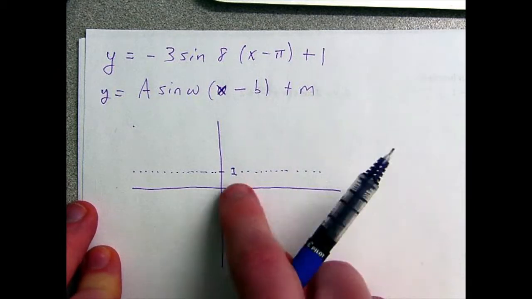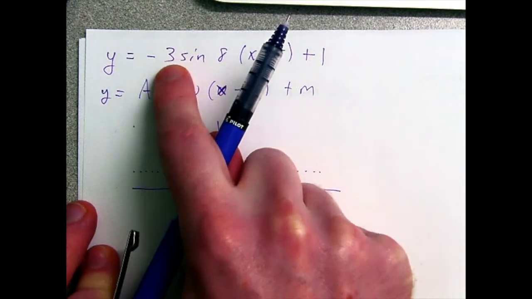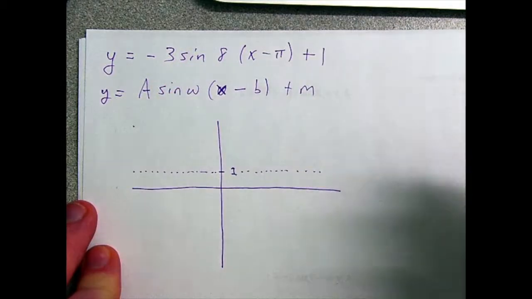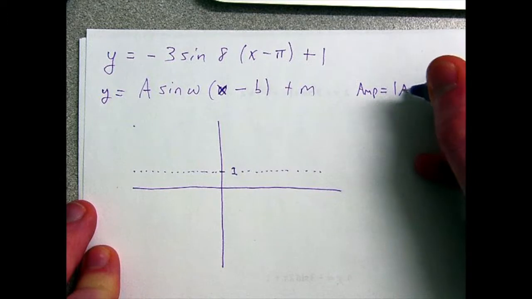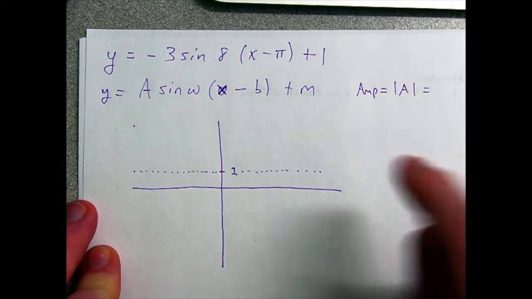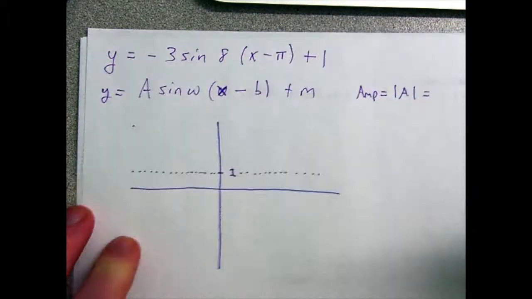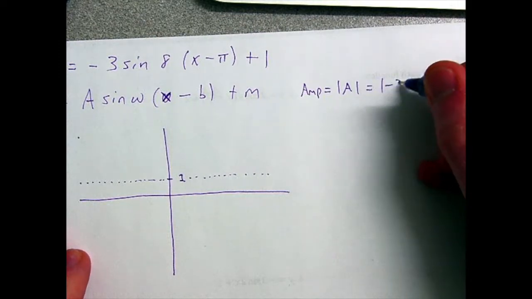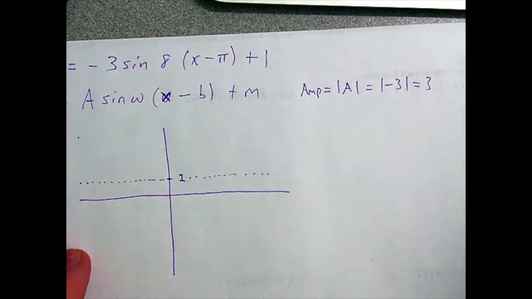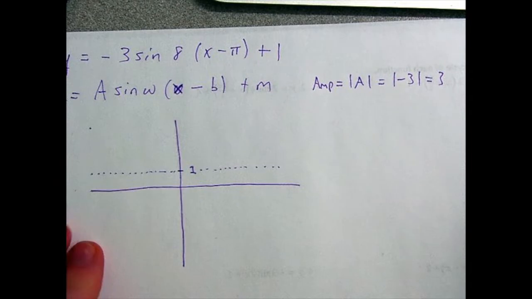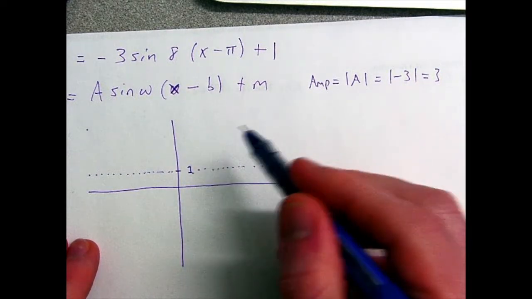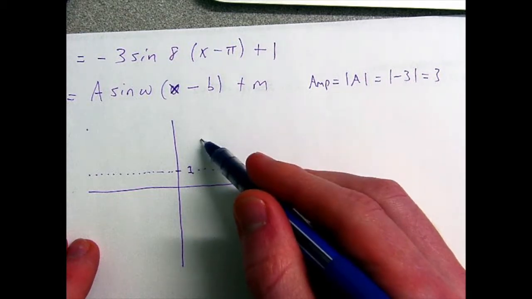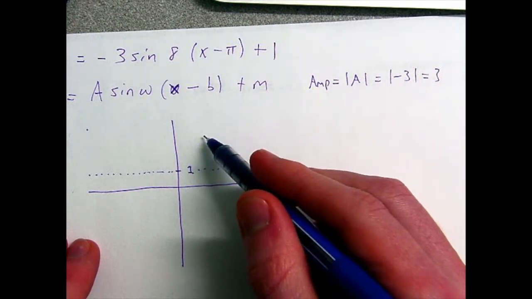How? What you should do is think about the amplitude. Now, remember that the amplitude is equal to the absolute value of a. We can see in this case that a is -3, so the amplitude would be the absolute value of -3, in other words, 3. Now, if you remember, the amplitude gives you the distance from the midline to the peak of the wave.